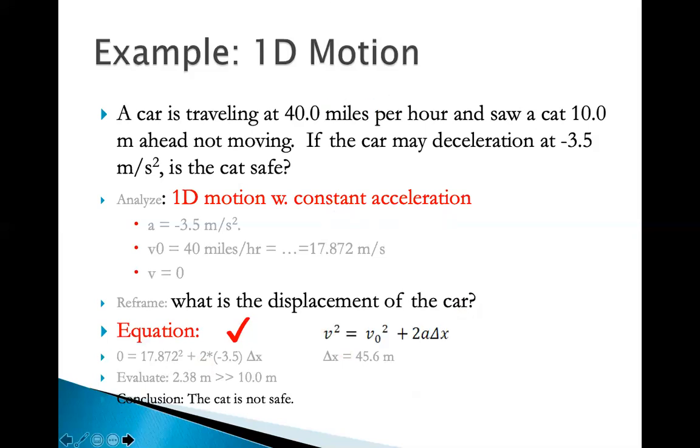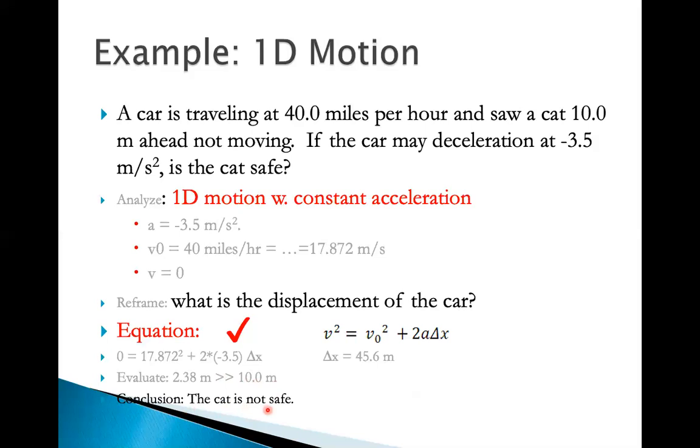The equation to use is this, because that has the 3 known quantities and 1 unknown. And if I plug in the numbers, I can calculate that the displacement is 45.6 meters. Well, there's a little typo here, I apologize. It's 45.6 meters, much larger than 10 meters. In conclusion, the cat is not safe.